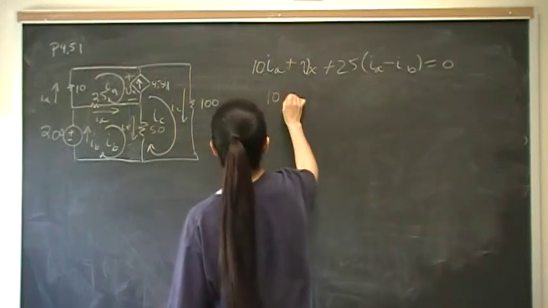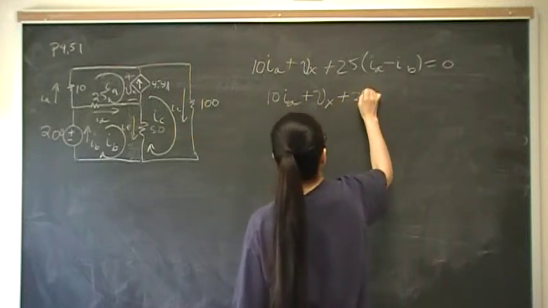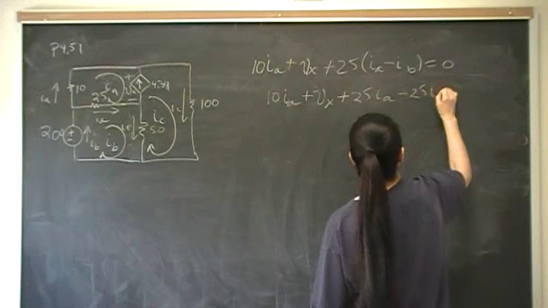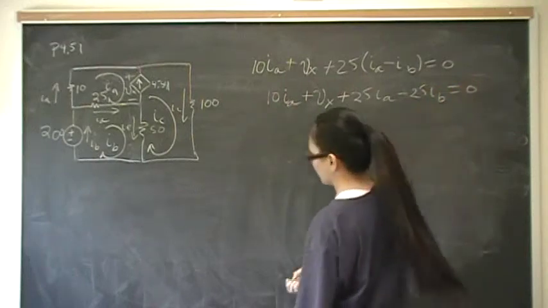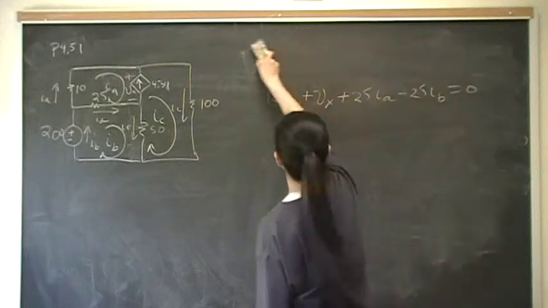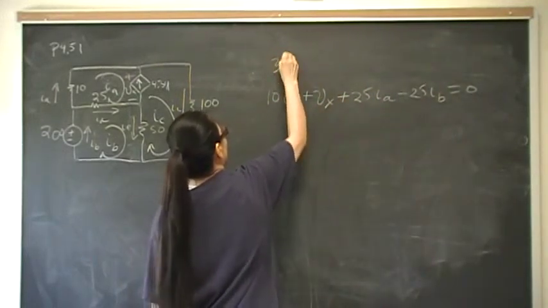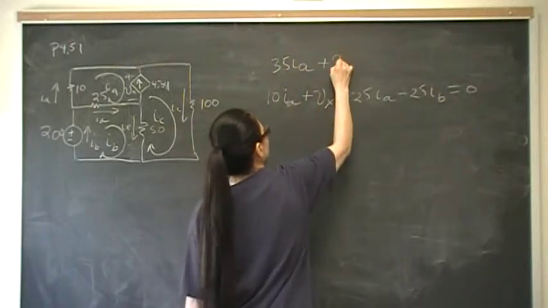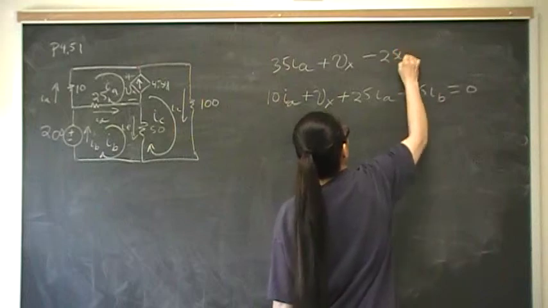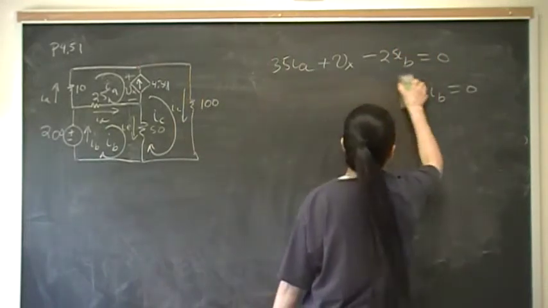So let's simplify: 10IA plus Vx plus 25IA minus 25IB is equal to 0. Then my mesh equation becomes 10 plus 25 is 35IA plus Vx minus 25IB is equal to 0. So that's my first mesh equation.